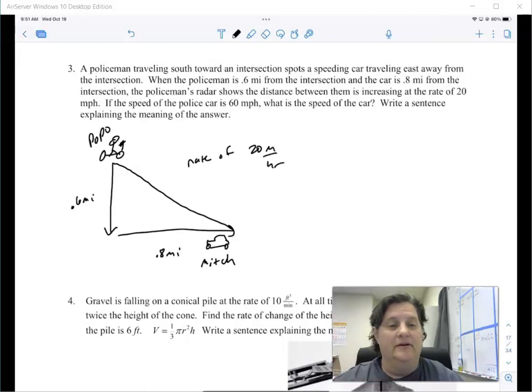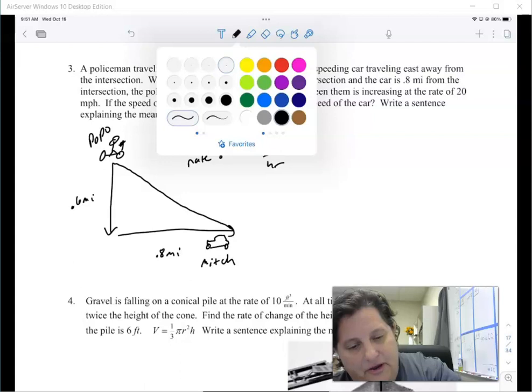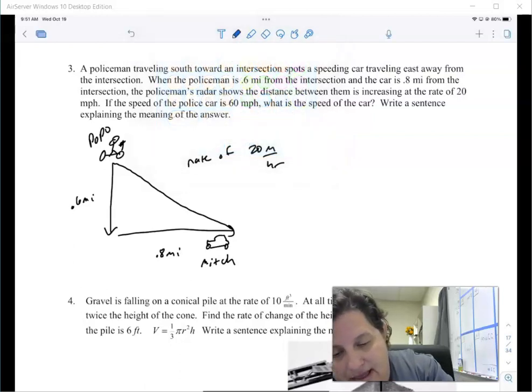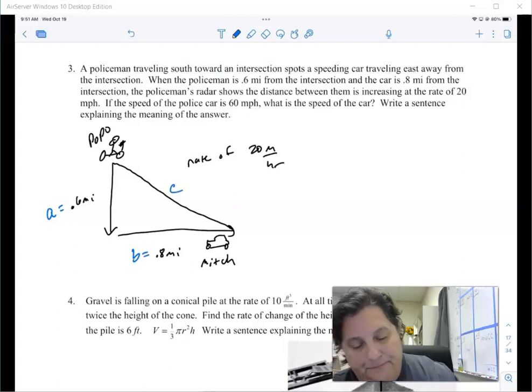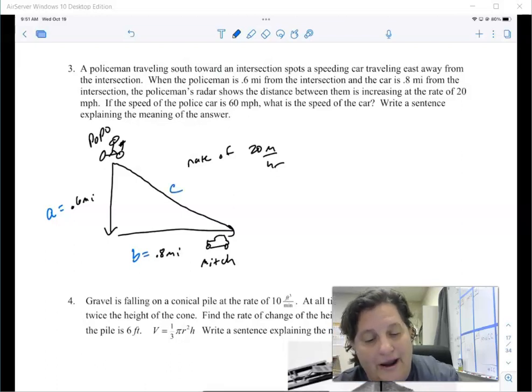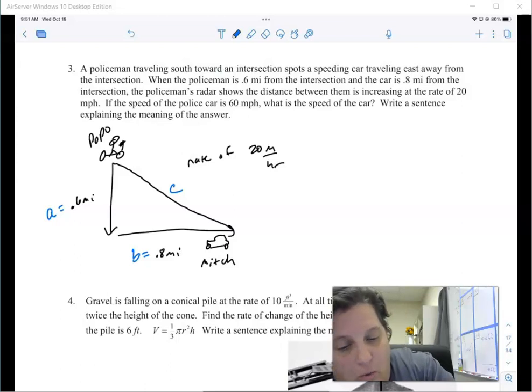That means that this is a derivative. So you guys, I need to get some letters now. I can use A, B, C, X, Y, Z. Doesn't really matter. Let me go ahead and use A, B, C.